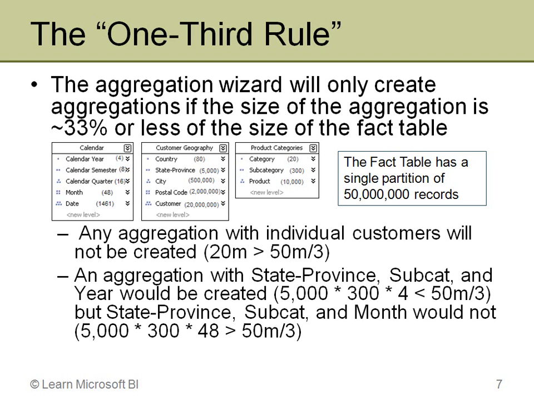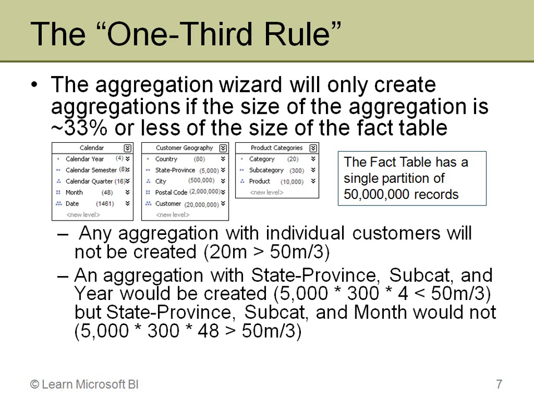If I said, okay, let's have an aggregation. Again, you don't have this control with the wizard, but I'm just saying that, following the wizard's logic, if it said, okay, could I create an aggregation that's state, province, subcategory, which I've abbreviated here, and year, it could create that. 5,000 state provinces times 300 subcategories times 4 years.